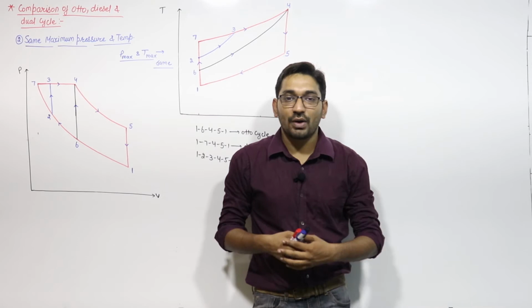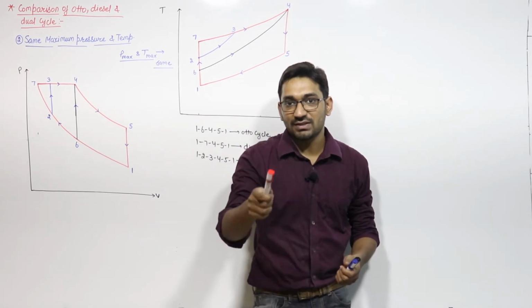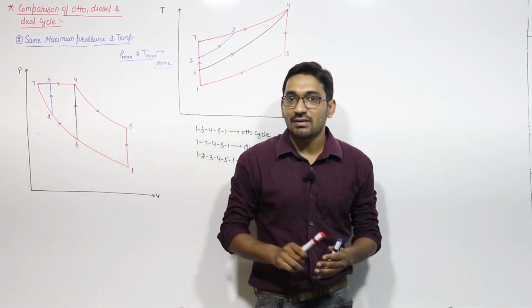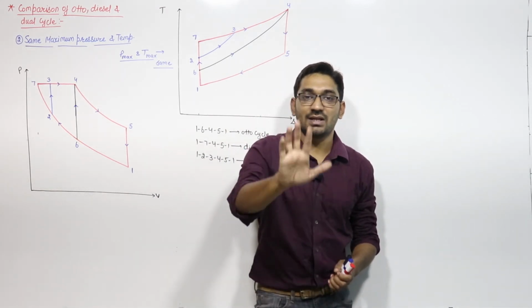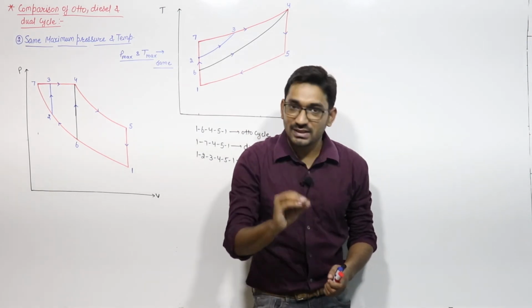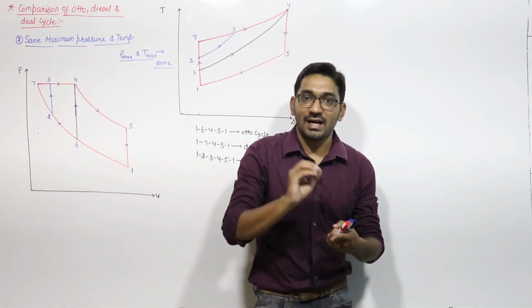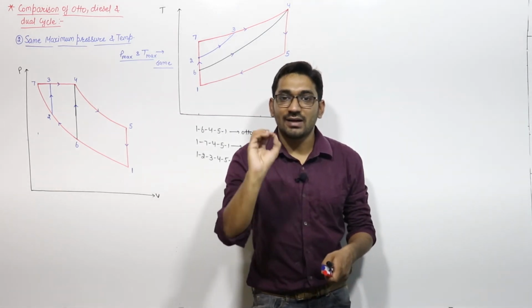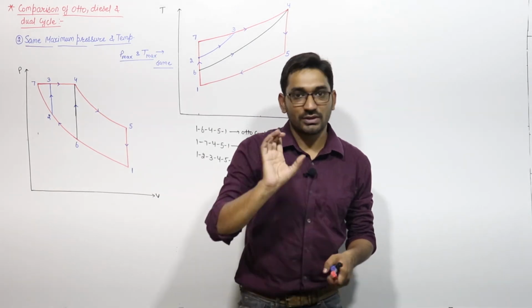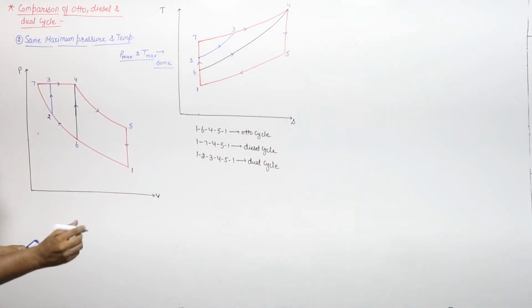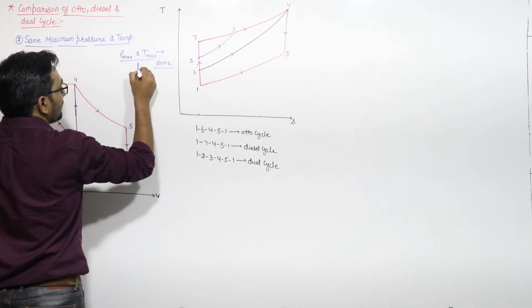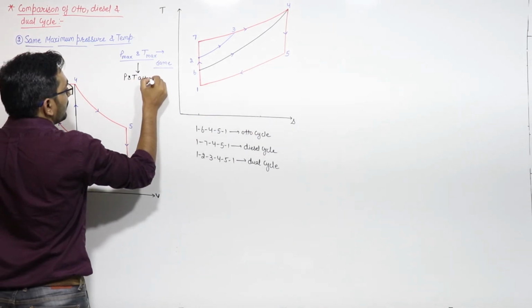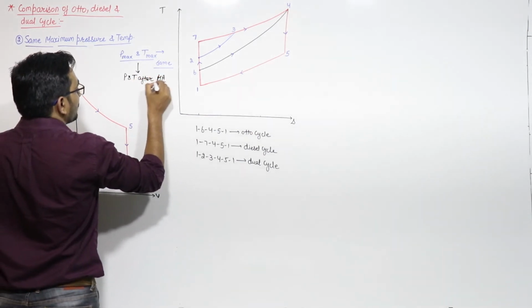After that we have two processes, expansion and rejection, in which pressure and temperature are decreasing. So in these cycles, the maximum pressure and maximum temperature will be at the end of the heat addition process. That one thing you should be clear about.